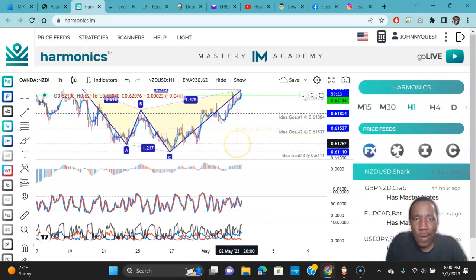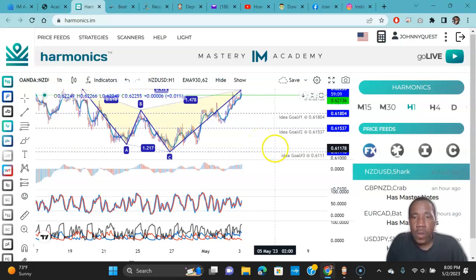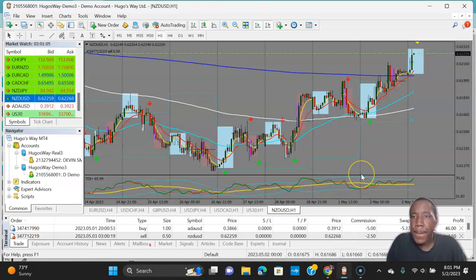I think this time I let the USD CAD close pretty early on the second goal, and it went further than the third goal. So I think for this one, I'm actually gonna set my take profit on the third goal of 0.6111 and see what happens with that.